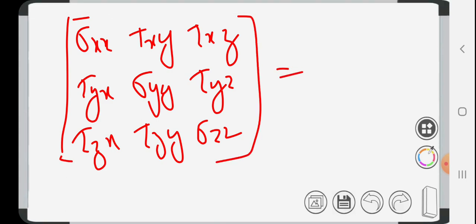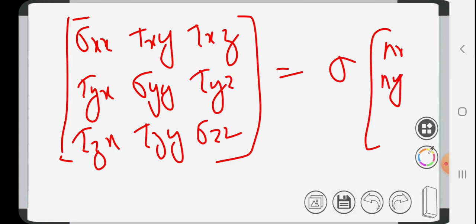Equal to the t vector, or sigma into the n vector. So what is the n vector? The n vector is nothing but nx, ny, nz.